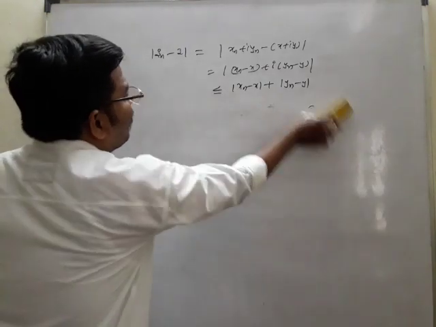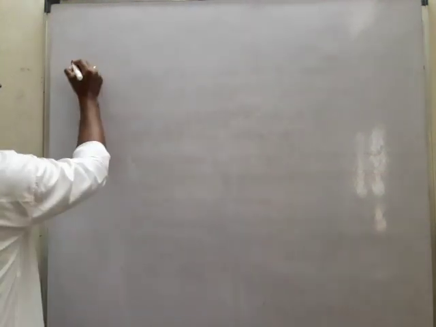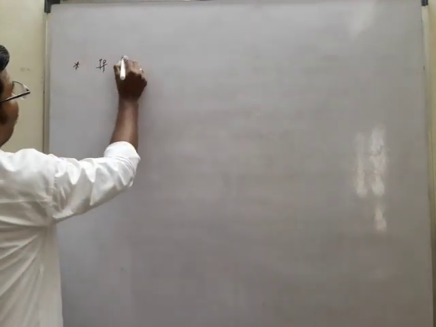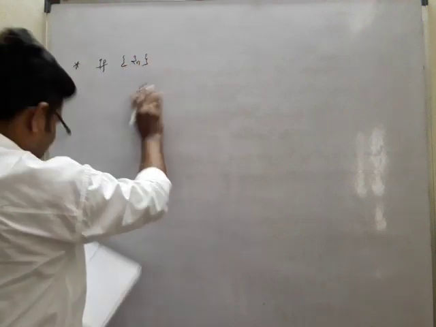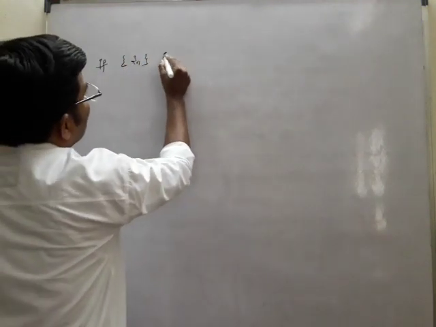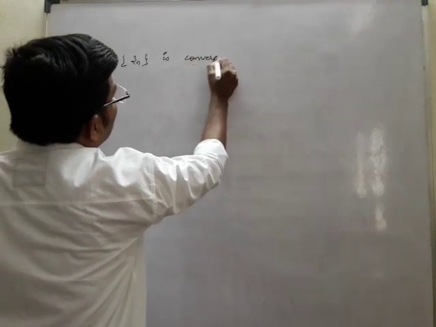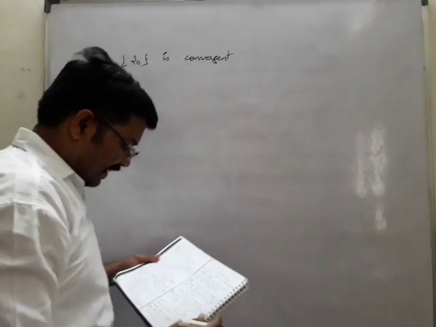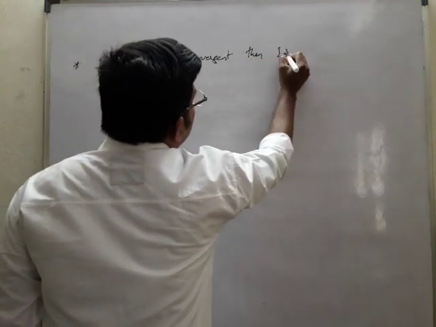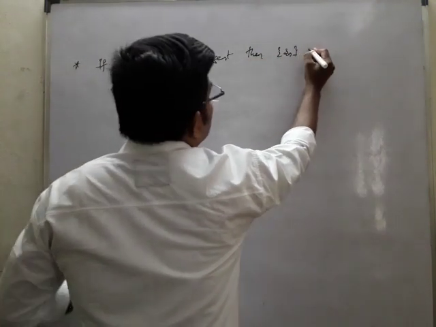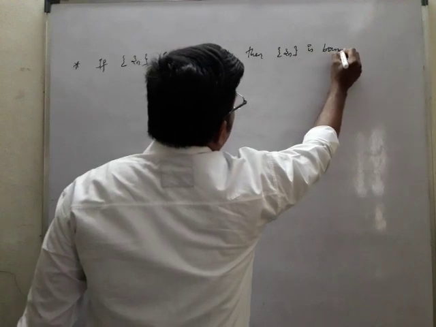Now we go for another important small theorem that we'll try to prove. If the sequence zn is convergent, then the sequence zn is bounded.